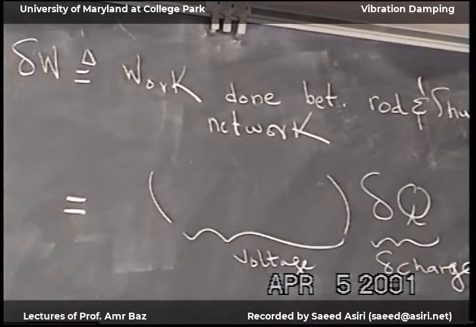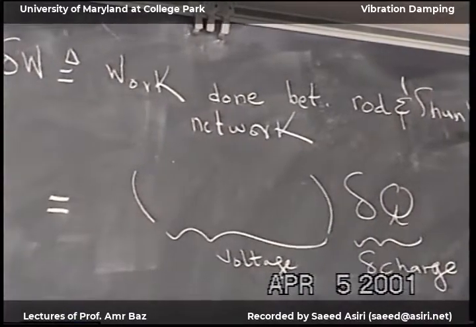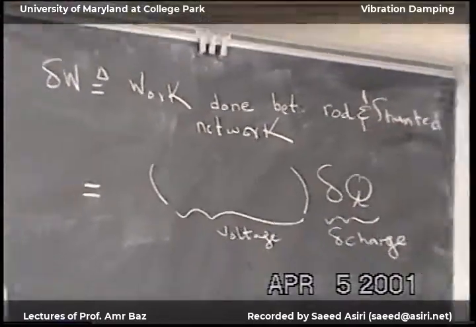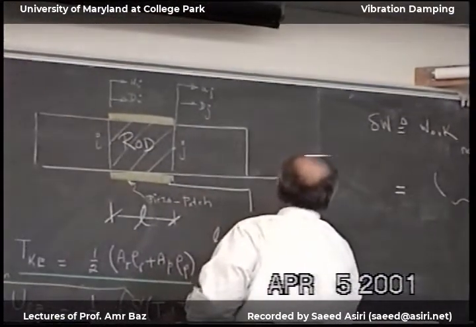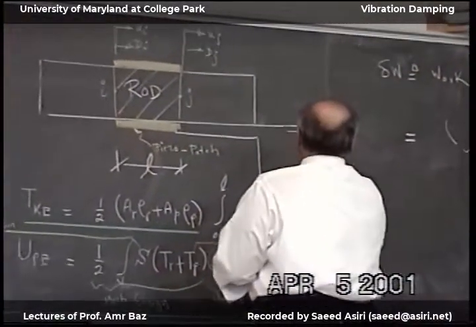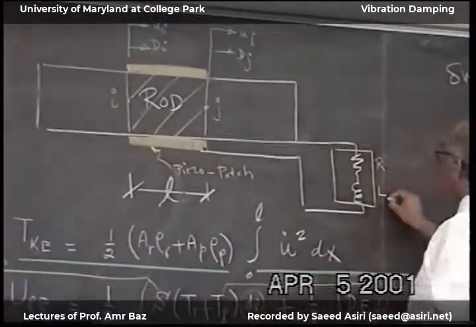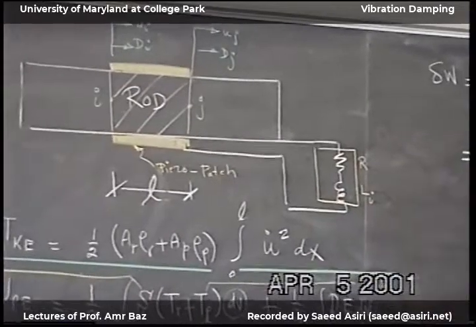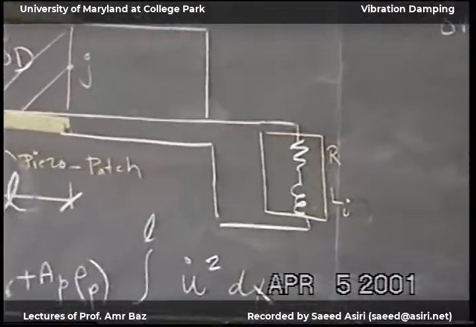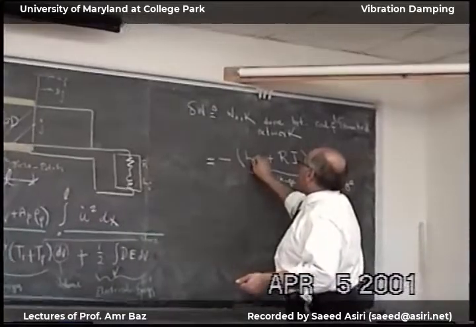The voltage that we send to the network, for example, if we take this and put a network of resistance and inductance, inductance, I'm going to call it L sub I. Then we can write this as energy that goes into the resistance and goes into the inductance.